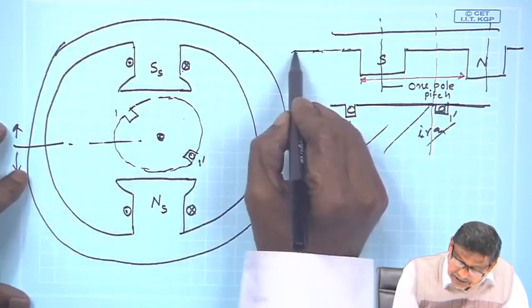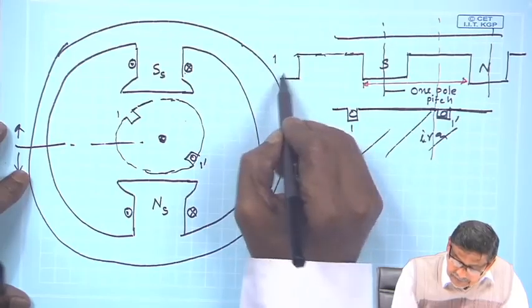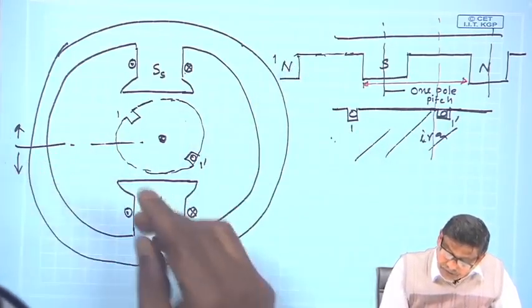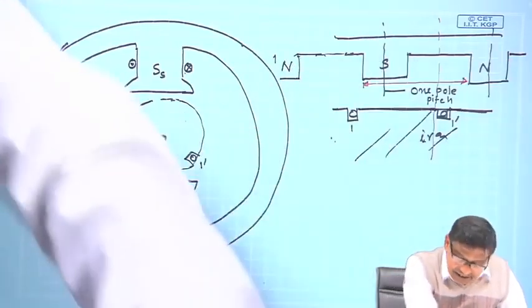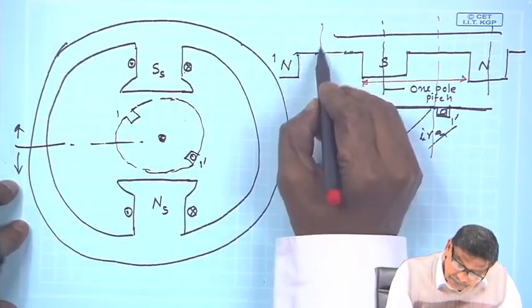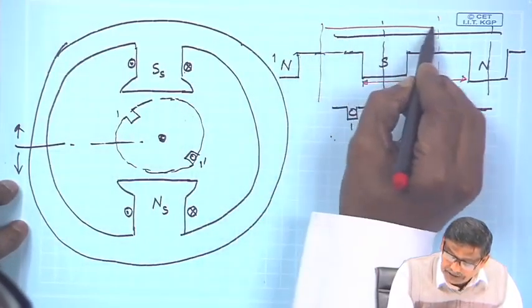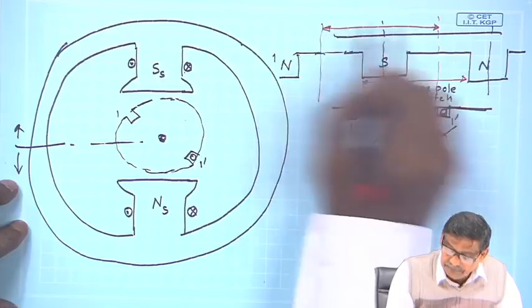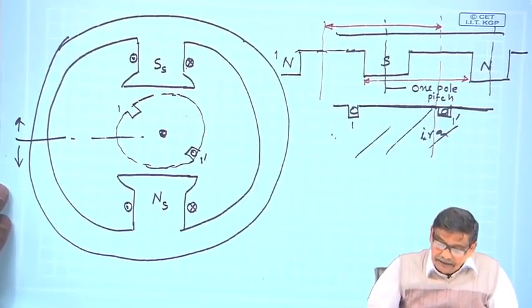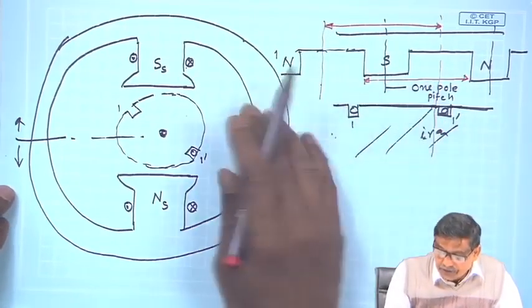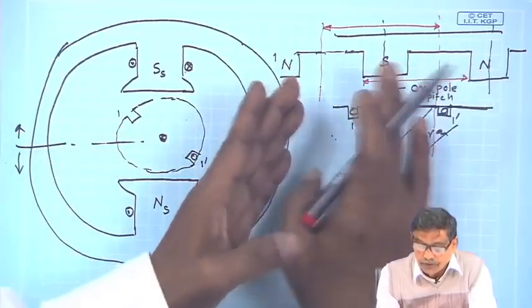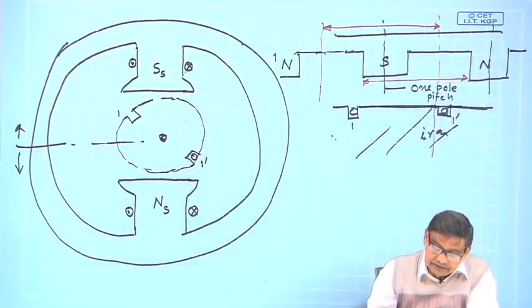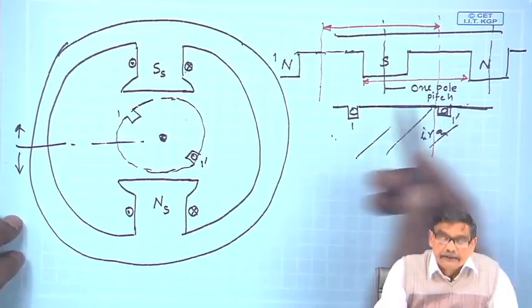Once again you will see north here, so the center of this and the center of this is also one pole pitch. That is, from this to this, you have finished the south pole. From this to this, so the pole pitch is this.